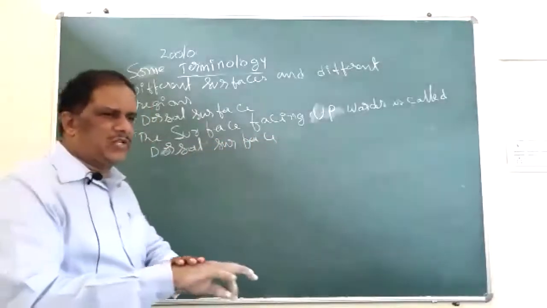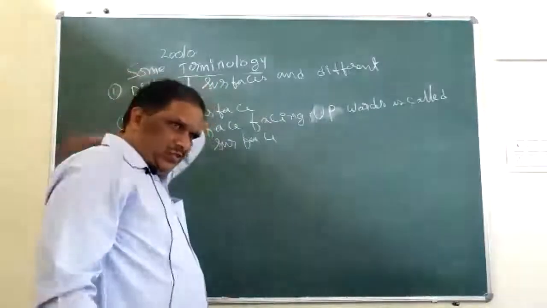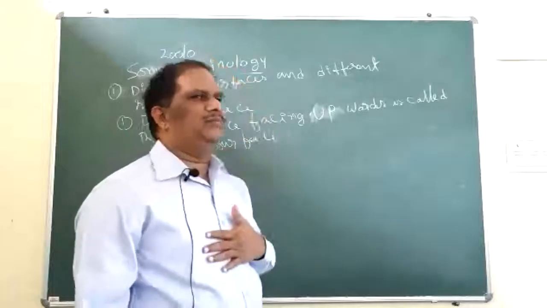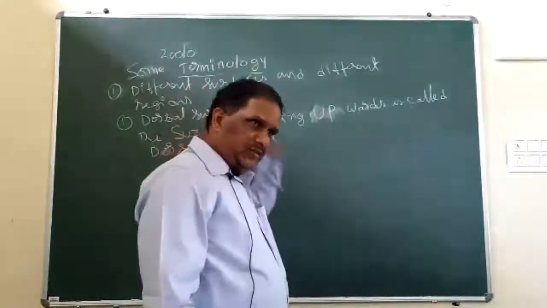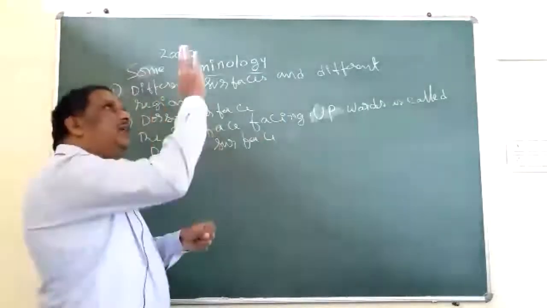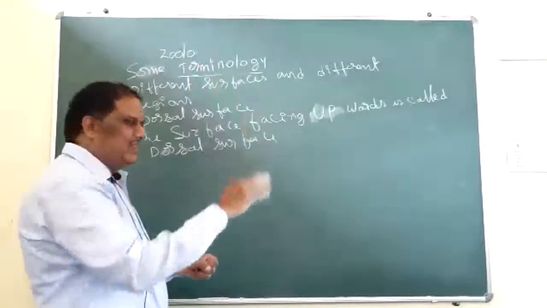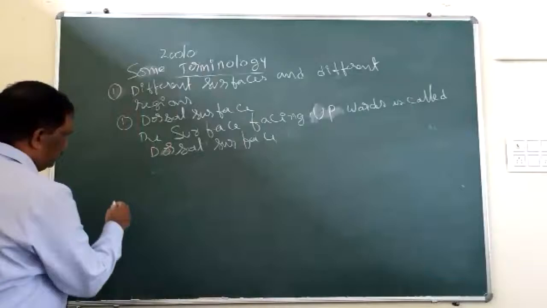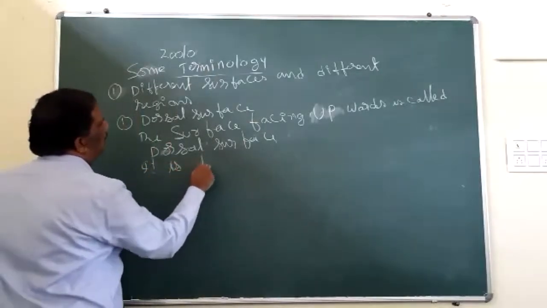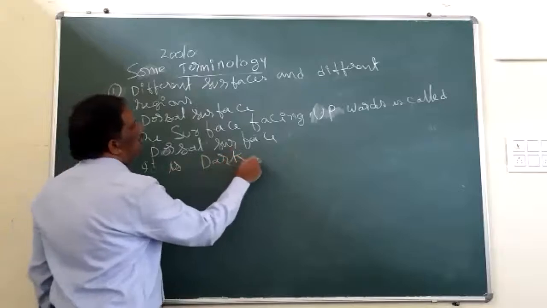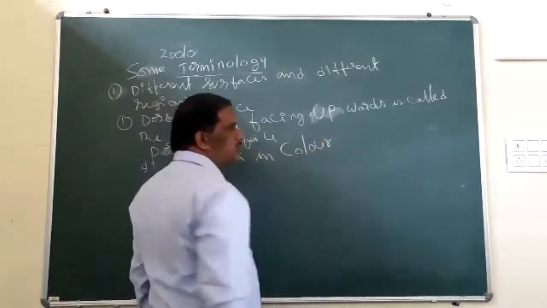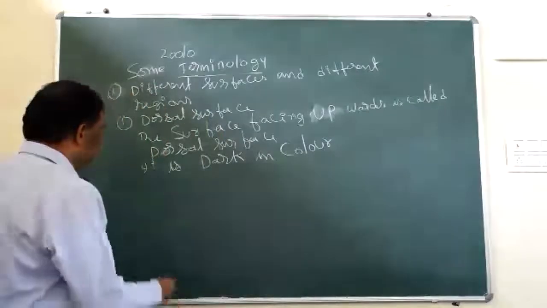Suppose this surface is dorsal. This is dorsal and this is ventral. The surface is directed upwards, and it is dark in color.